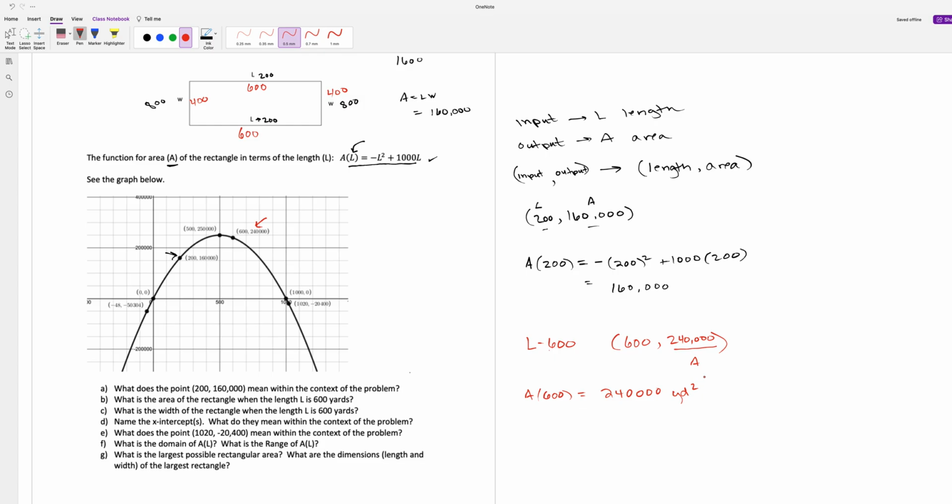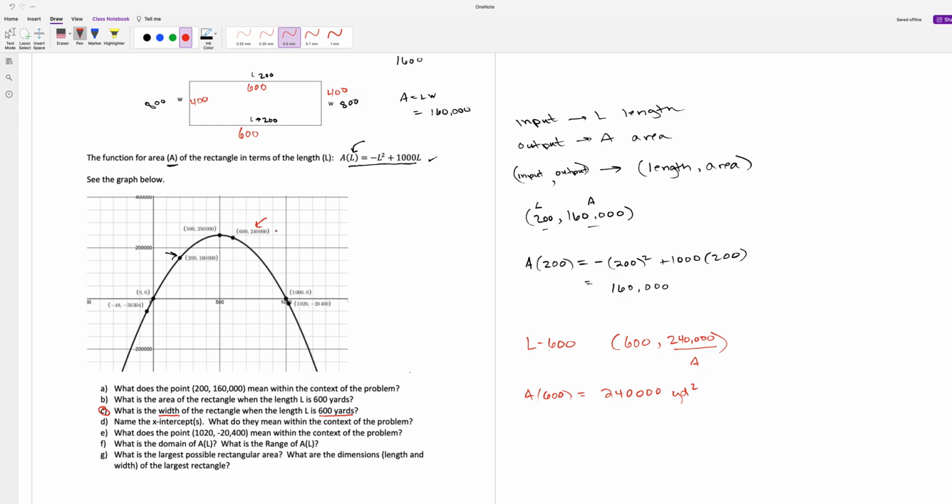Now think about part C. Part C is asking, what is the width of that rectangle with a length of 600 yards? We've already answered that question, though we're not necessarily seeing it overtly on the graph.